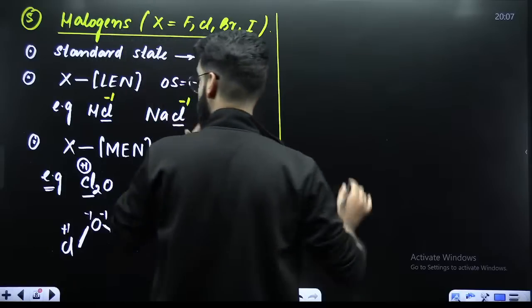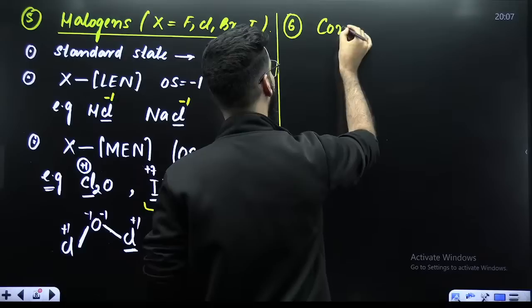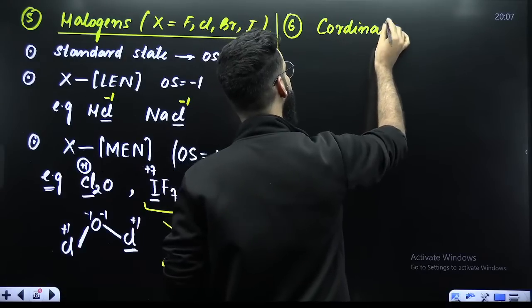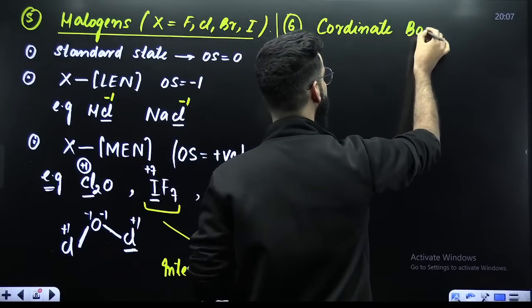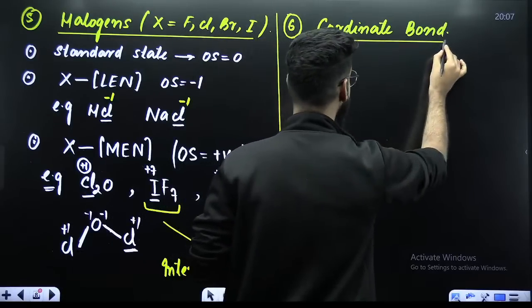Now, my dear students, talking about the sixth rule, sixth point, that is related to coordinate bond. I believe all of you would be knowing about coordinate bond, which is called dative bond as well, right?